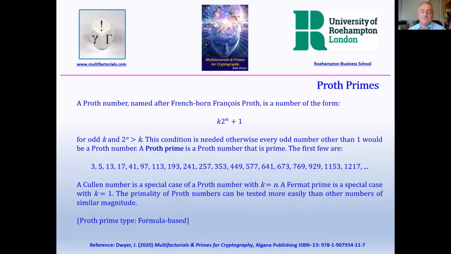A Proth prime, which is a Proth number that happens to be prime, the list is 3, 5, 13, 17, 41, and so on. Very important for at least two reasons. One, a special case when k equals n in a Proth number gives a Cullen number, which is described also in chapter 3. A Fermat prime, which is the special case k equals 1, is also a special case.